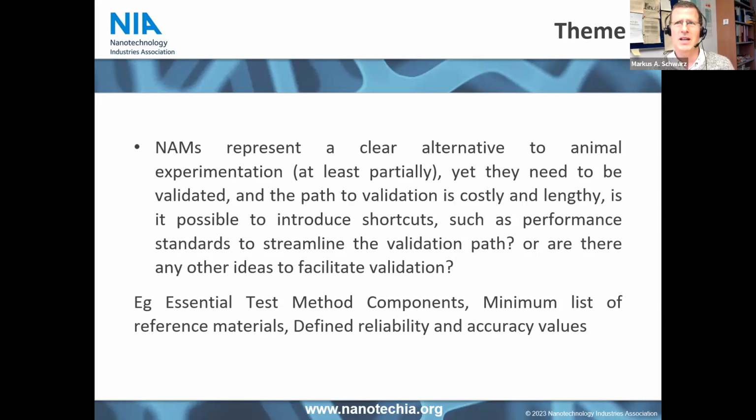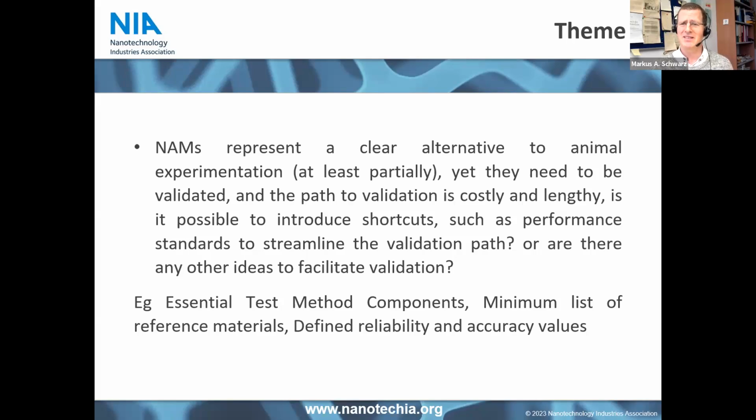So maybe you can stop testing here, based on top-down considerations, physicochemical aspects or other thinking, because this test may not be relevant. But ECHA insists on having those tests performed.